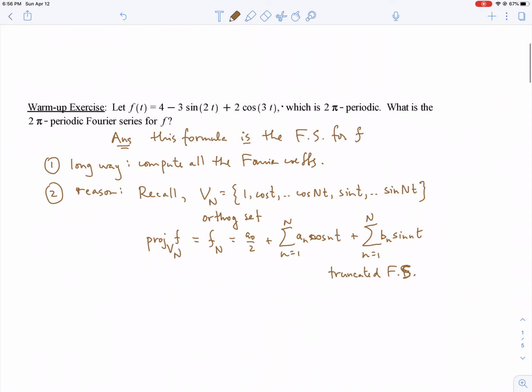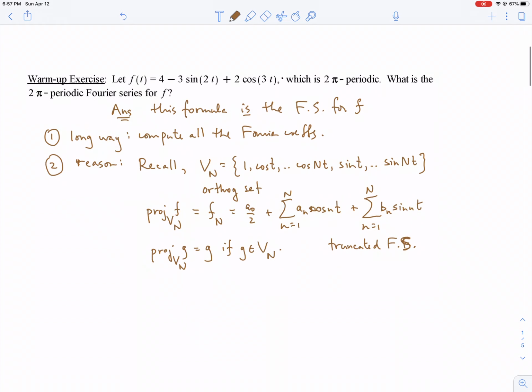And orthogonal projection onto a subspace leaves the subspace fixed. So the projection of any function, say g, onto Vn is itself if g is already in V capital N. Well, our f is contained in V3, which is contained in V4. It's contained in all the capital Vn's, where n is at least 3.